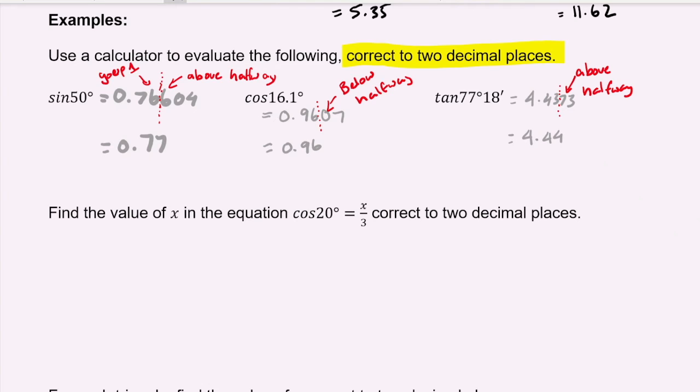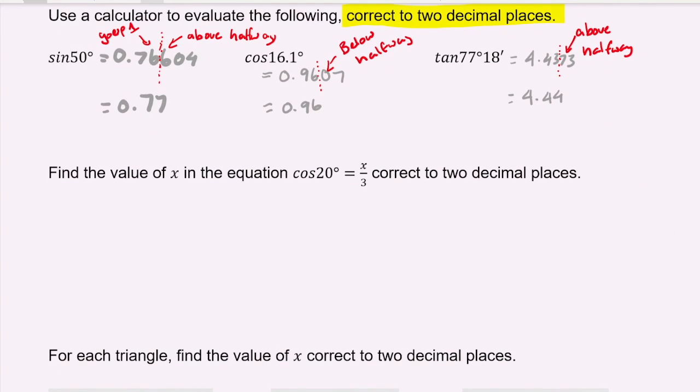Here's our next one. We're going to find the value of x in the equation, correct to 2 decimal places. So the first thing I'm going to do is rewrite my equation. Okay, and then I'm going to use my solving equation skills to solve for x.